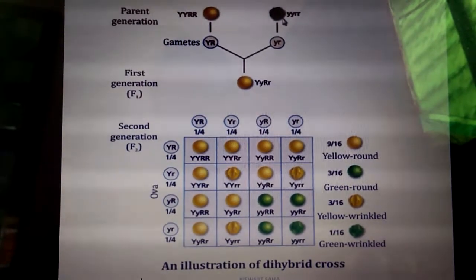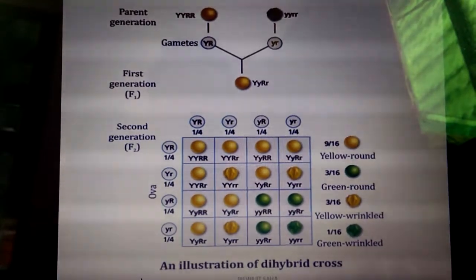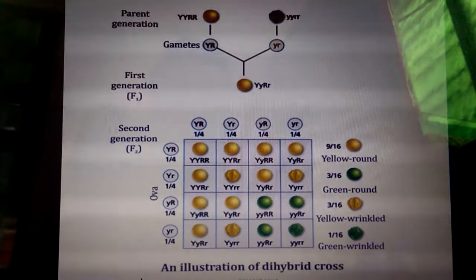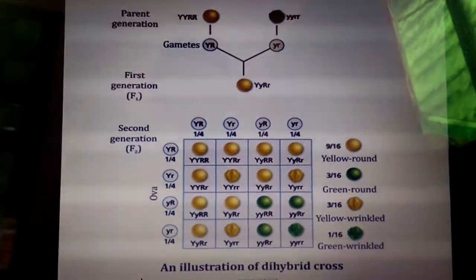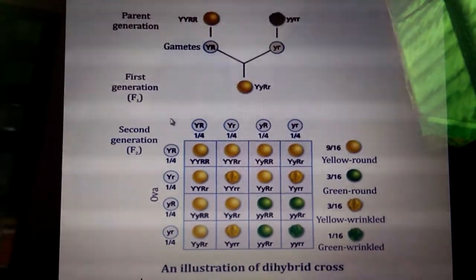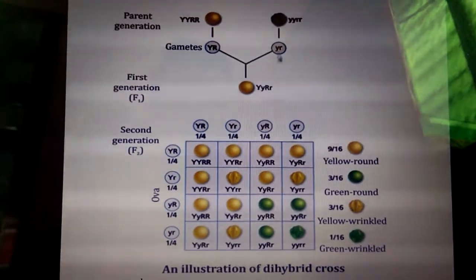Traits are determined by segments of DNA called genes. So in a dihybrid cross, parental organisms have different pairs of alleles. One possesses homozygous dominant alleles, that is capital Y capital R, and the other is homozygous recessive.